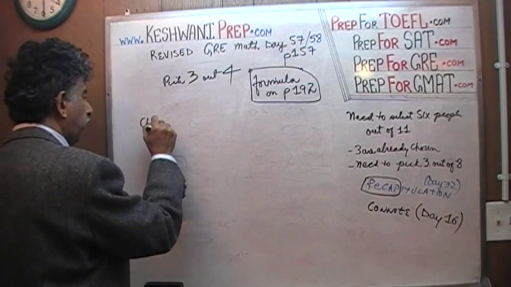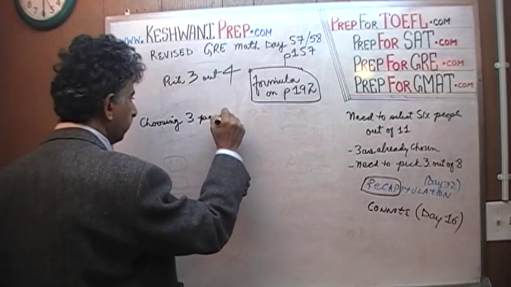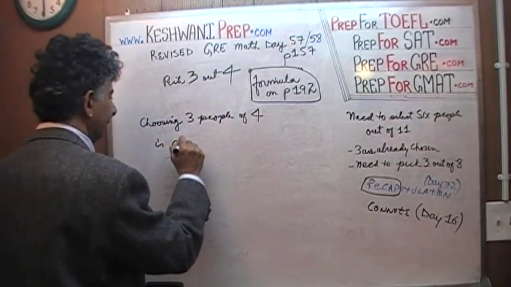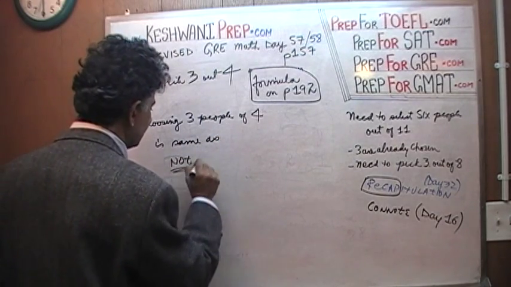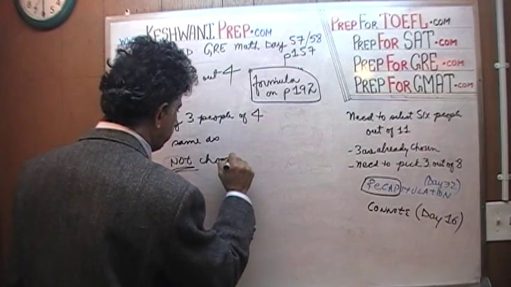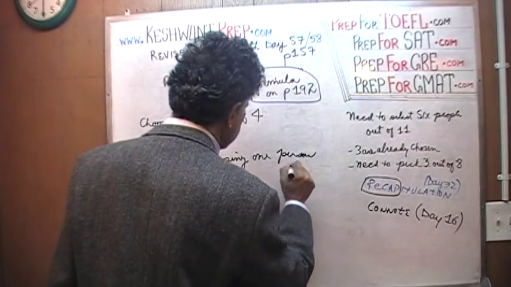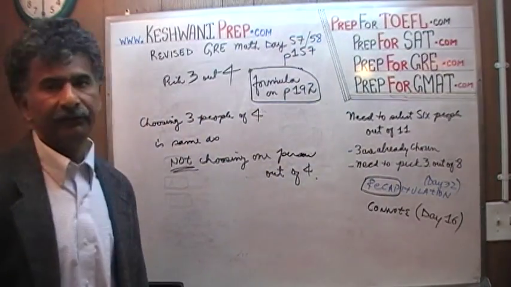Choosing 3 people out of 4 is the same as not choosing one person out of 4. And if you think about it, it makes sense.